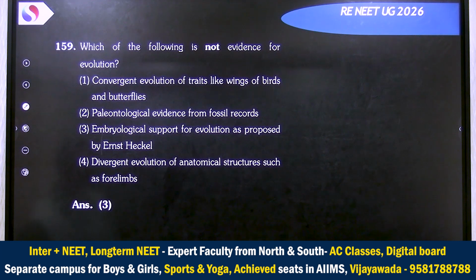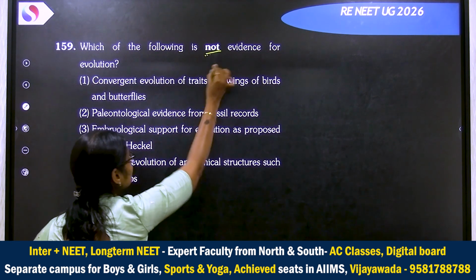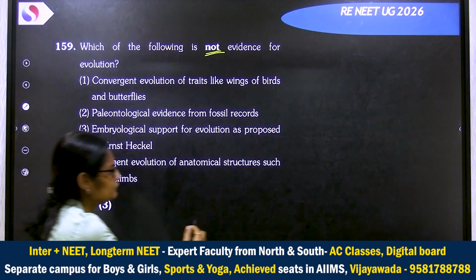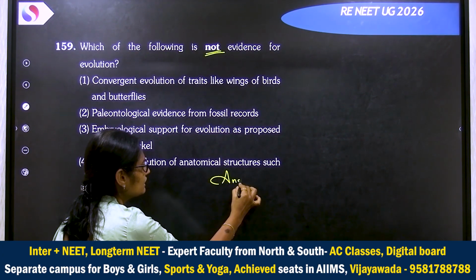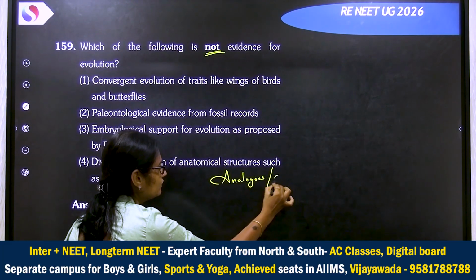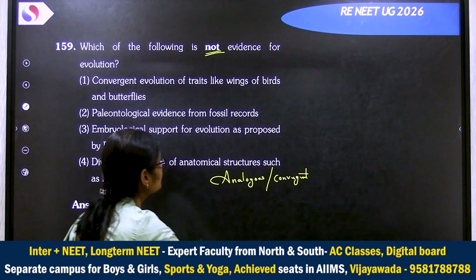The first option: convergent evolution of traits like wings of birds and butterflies. Convergent evolution shows analogous organs. Analogous organs show convergent evolution.